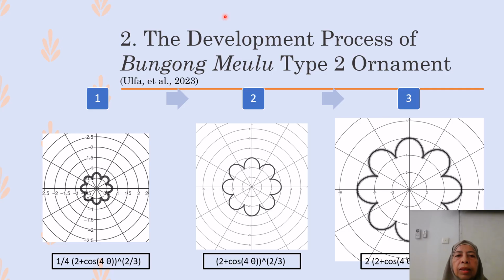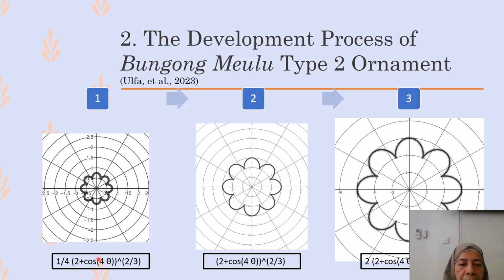Another example is the Bungong Melu type 2, which has a different form. The original is the second one with the equation 2 plus cos 4 theta to the power of 2/3.